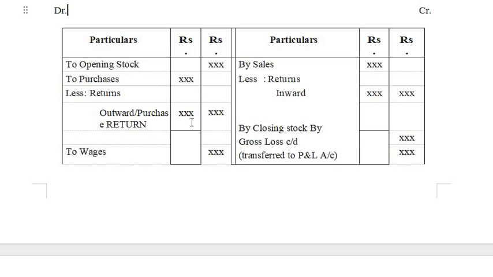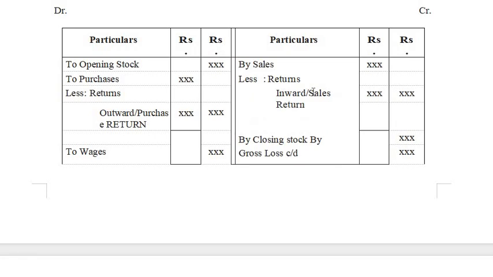Then on the credit side you have to enter all incomes. The first income is nothing but sales, "By sales". Similarly, if you have any sales return or return inward given in this information, you have to write it on the credit side of your account, and subtract it from sales, and only the net amount you write in the outer column.